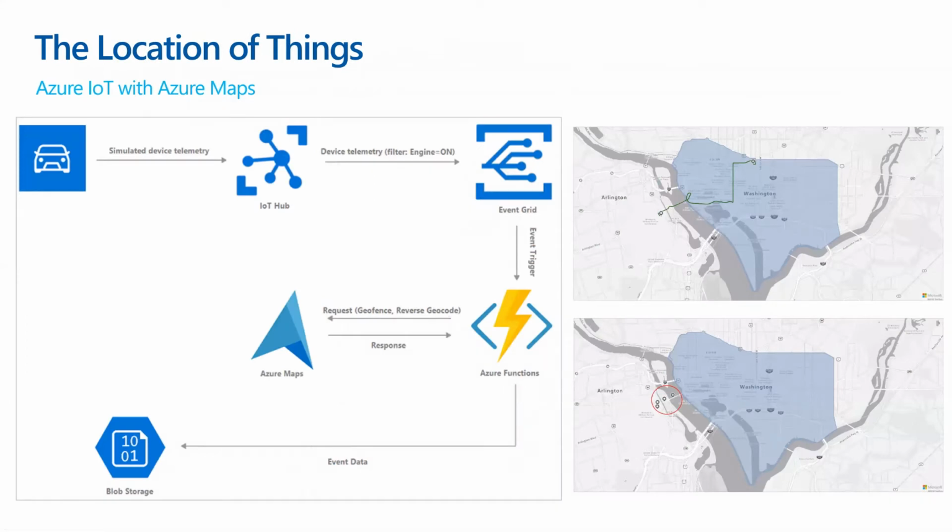This is just an example. You have here typically a device, and it can be a very big and intelligent device like a car, sending telemetry to the cloud, to the Azure IoT system, including the location of the car.